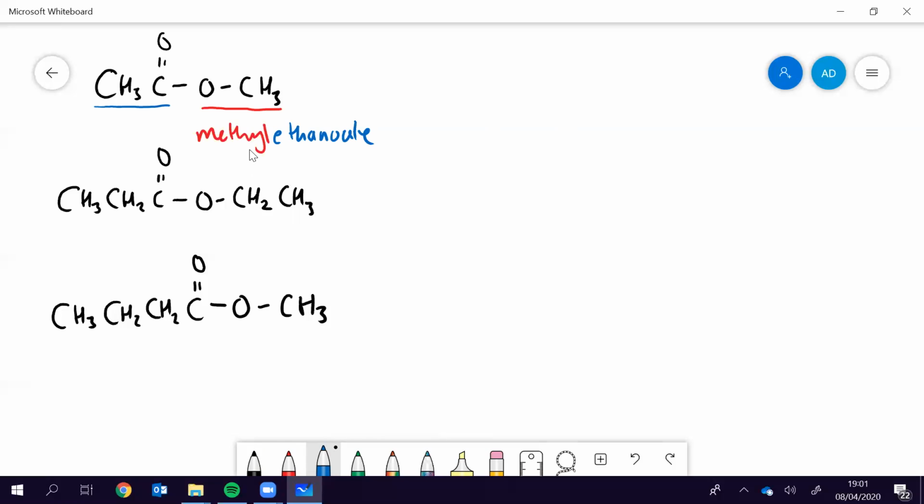So let's have a look at a corresponding N-substituted amide, which is very similar to this. So I'm going to have CH3, C double bond O, and I'm going to replace that oxygen there with a nitrogen. And of course nitrogen always forms 3 bonds, so I need a hydrogen on there.